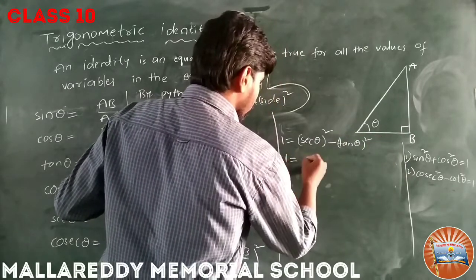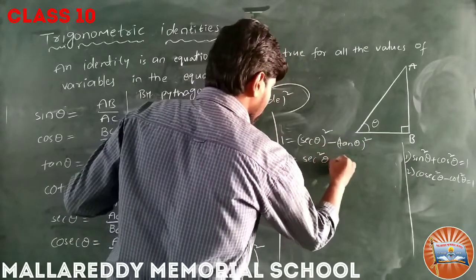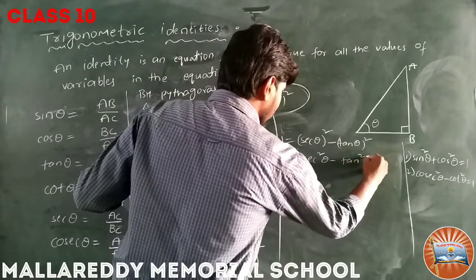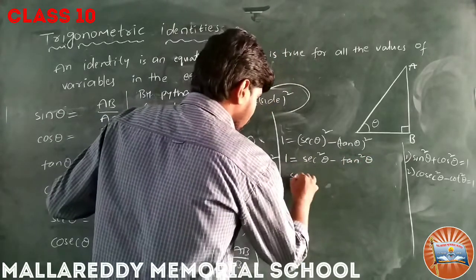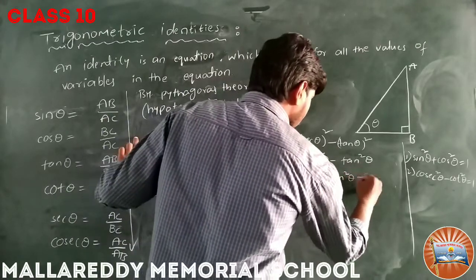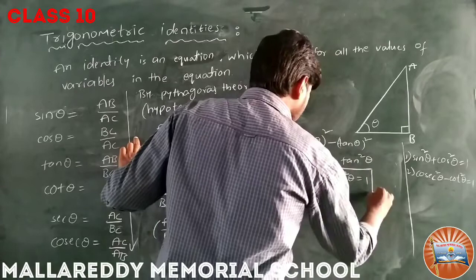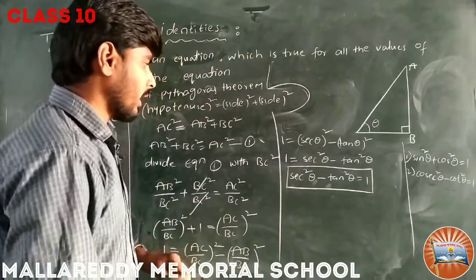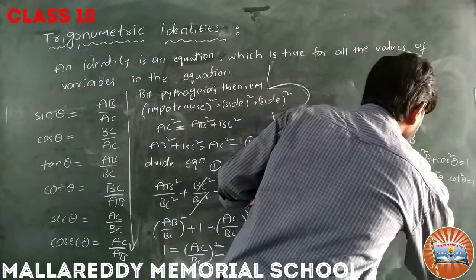That is 1 equals secant square theta minus tan square theta. You can make this in order. Secant square theta minus tan square theta equals to 1 is the third identity. We have these 3 identities in the trigonometric topic.